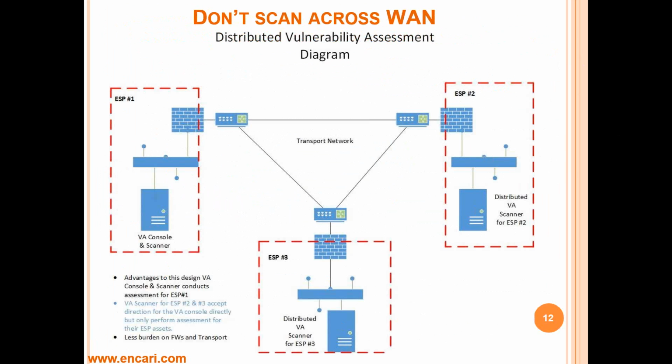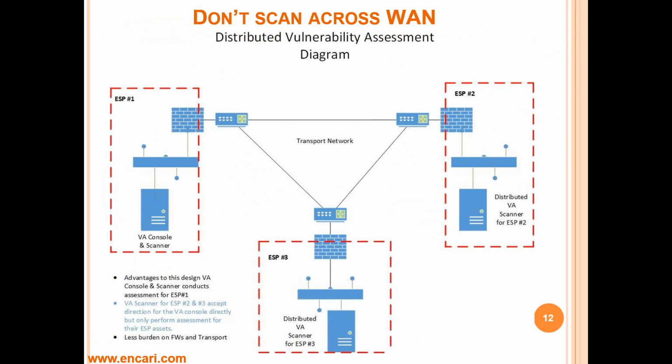Obviously, if you have one ESP, you have one vulnerability scanner, it's not going to be as big of an issue. There'll still be issues associated with, if the box was not configured properly, and you had tons of half-open connections, but that's a different subject.